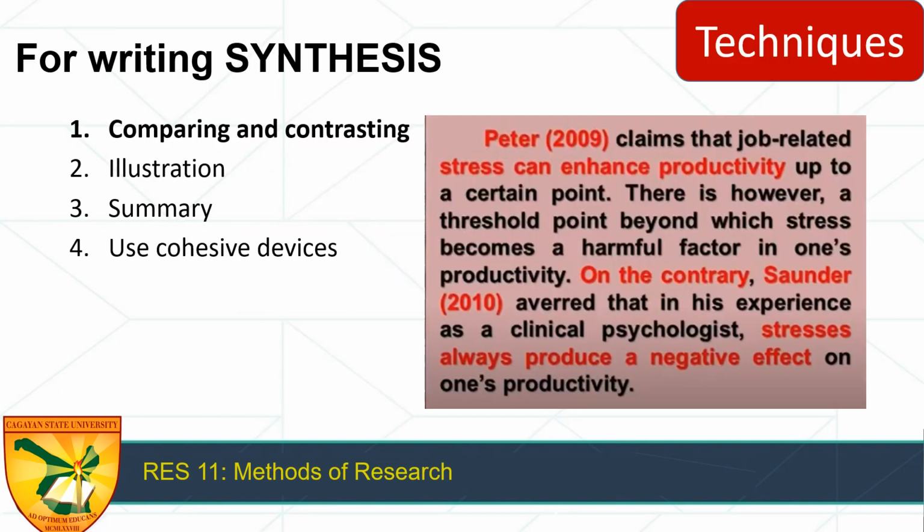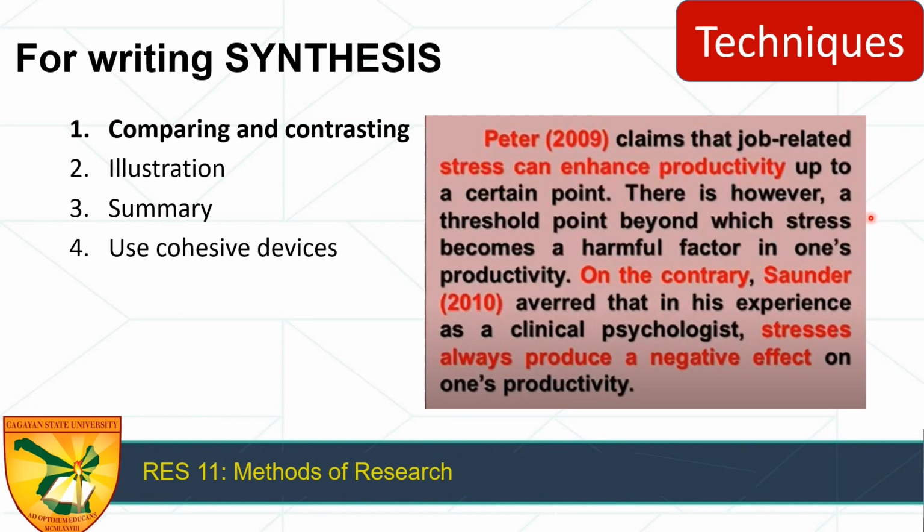So I will be sharing 4 techniques in writing your synthesis. You can first compare and contrast, and then you can illustrate, you can summarize, and don't forget the use of cohesive devices. So first, for comparing and contrasting, we have here an example. Peter in 2009 claims that job-related stress can enhance productivity up to a certain point.